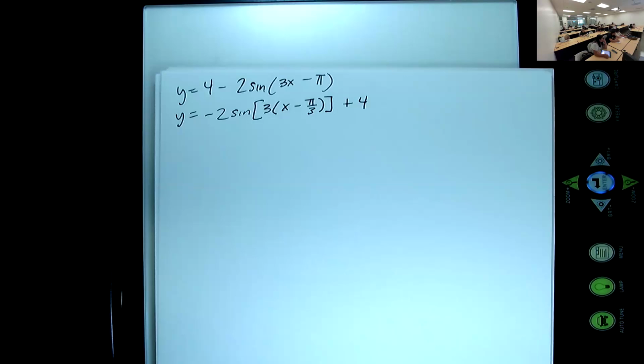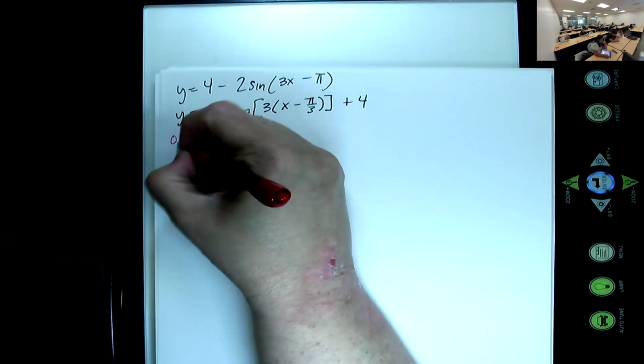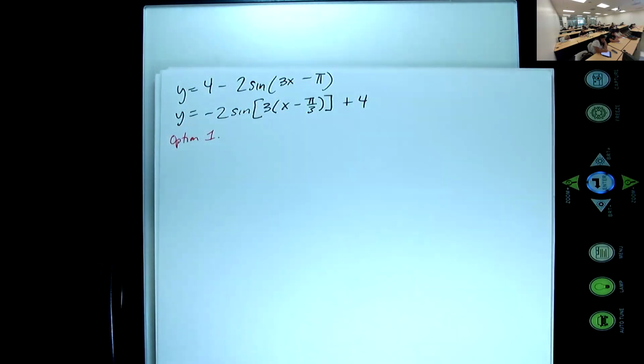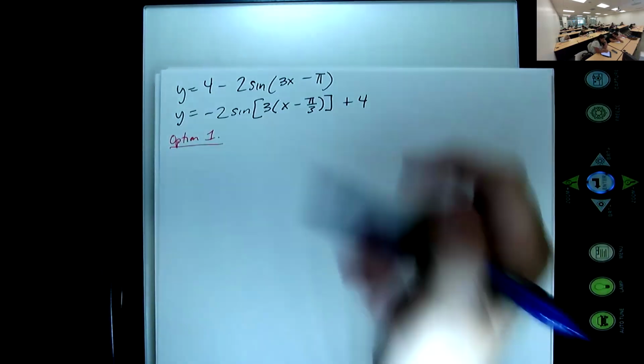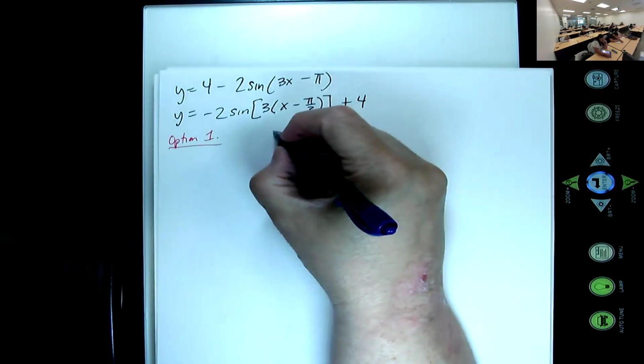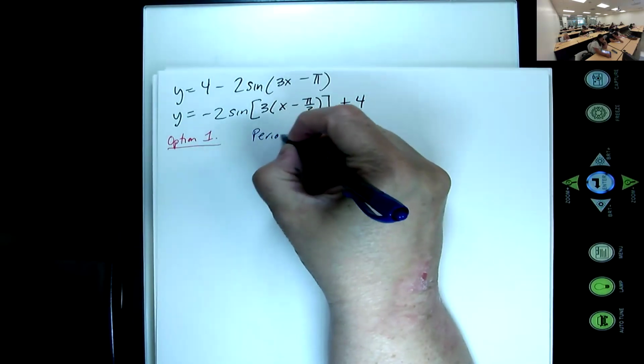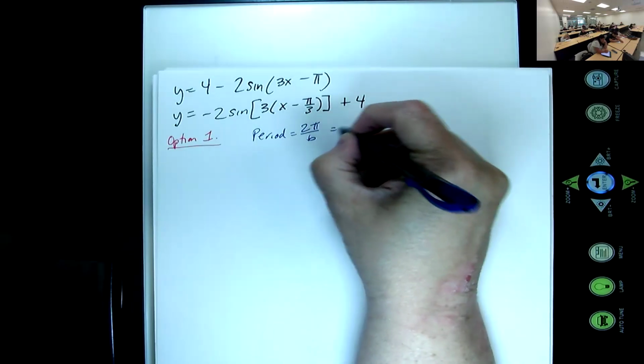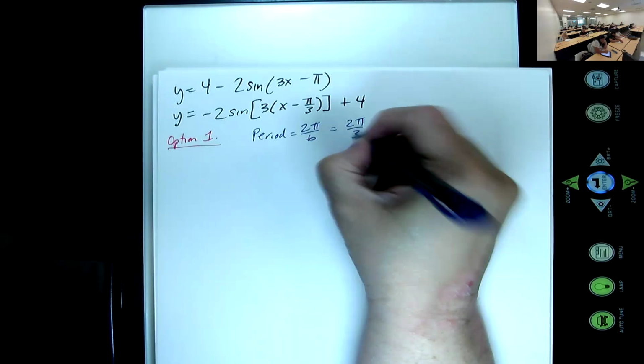I'll do option 1 on this one first. So our base period is 0 to 2 pi, but we need to do 2 pi over b. B here is 3, so 2 pi over 3.